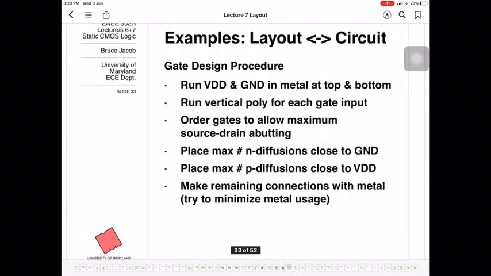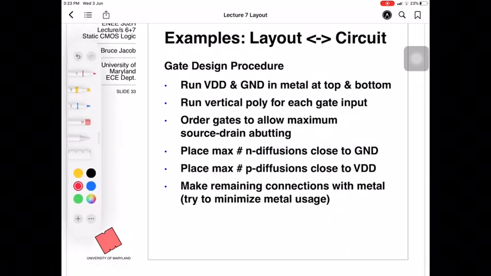So in order to do that, what we first do is that we like to run VDD in the metal at the top and the bottom, run a vertical poly for the input, and what this sentence means. This sentence says that order gates to allow maximum source and drain abutting. This means that you should always share your source and drain if possible.